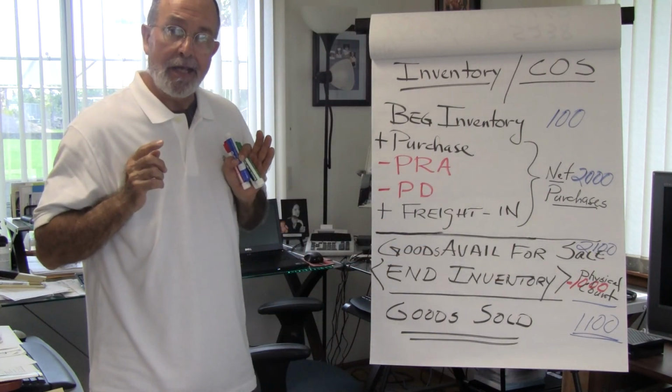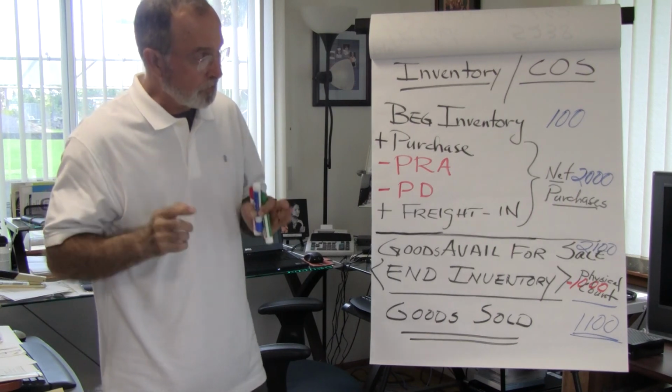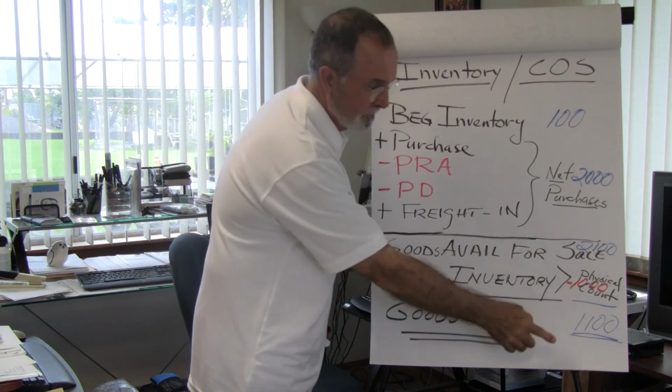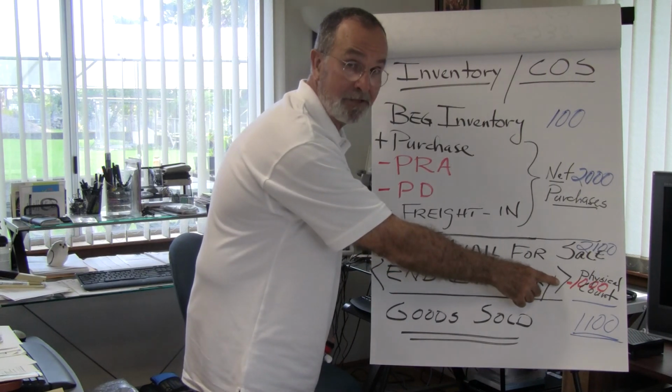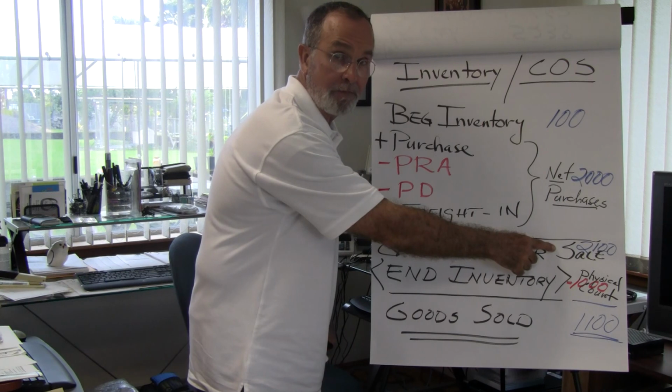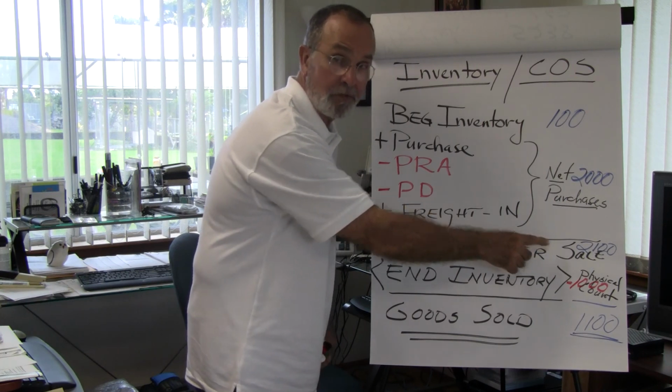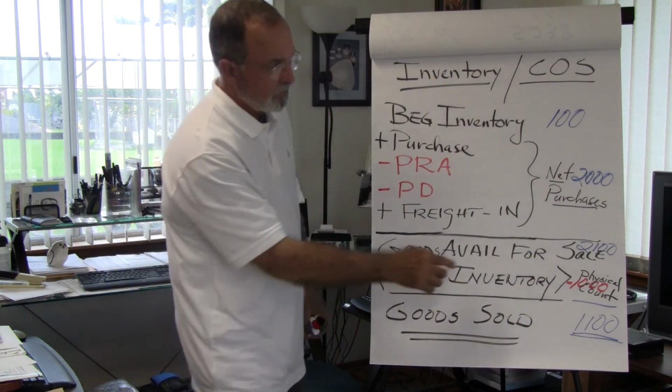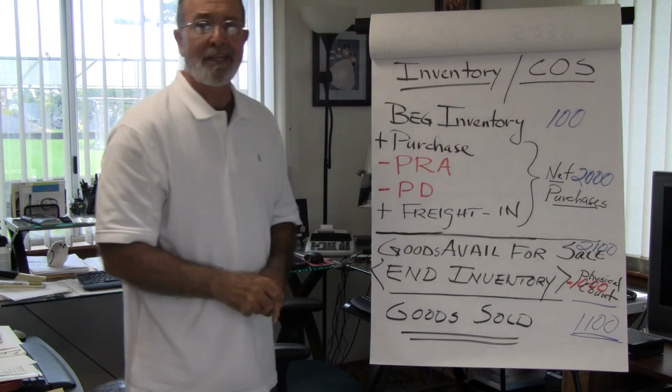And the total of what we sold plus what we did not sell must always equal the cost of goods that was available for sale. So cost of goods available for sale is always a constant.